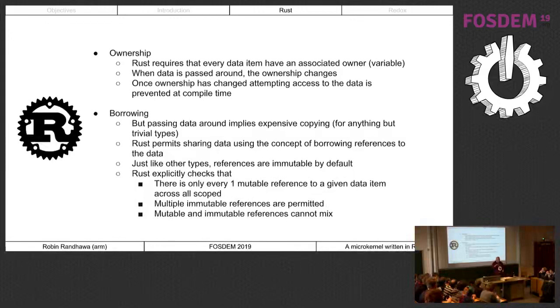The compile-time checking of memory safety is possible because of a set of rules which are called ownership rules. And the Rust compiler enforces those rules for you. What it means is that if you have some data and you hand that data over to another scope, you can't access that data anymore because the ownership has changed to the scope that you called. If you still want to pass data around, you have to be very clear about how many people are there who can likely mutate this data.